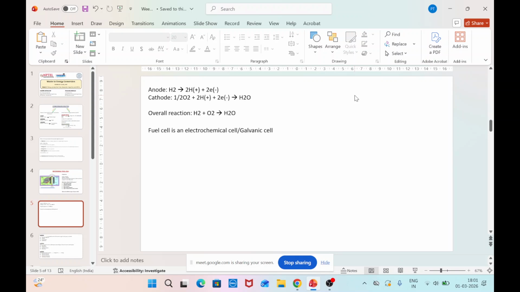So any questions so far related to fuel cells, hydrogen fuel cells? Because we will use the same concept in the microbial fuel cell. Over there, instead of hydrogen gas, we use organic matter and microbes.